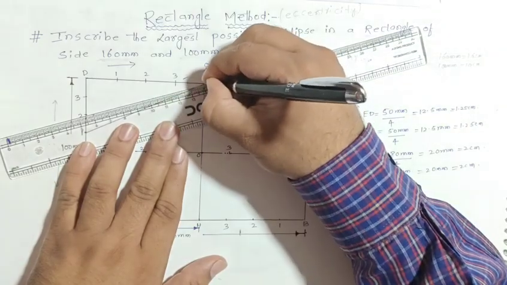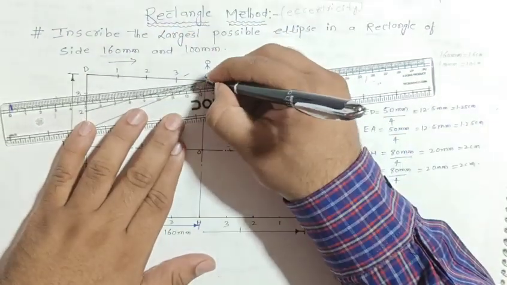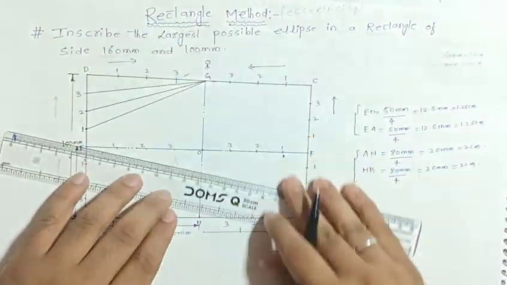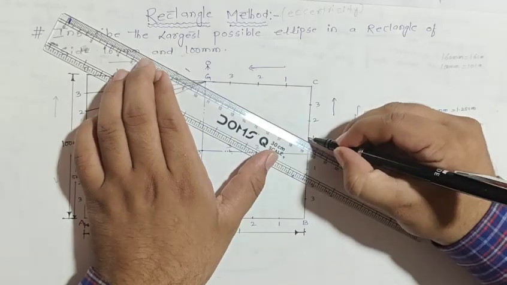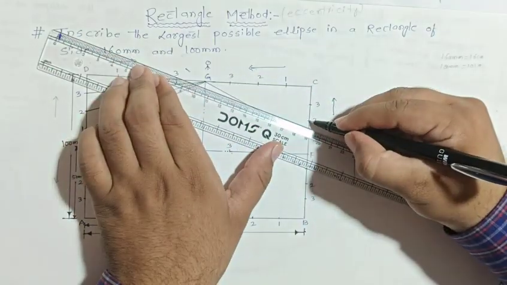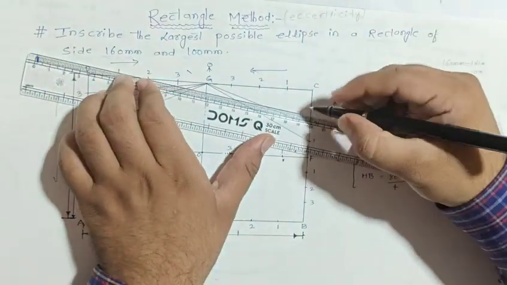Next one is G to 2. Another one is G to 3. Similarly, you have to join the point from G21, G22 and G23.